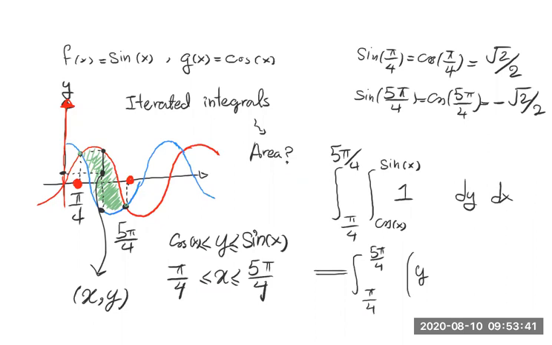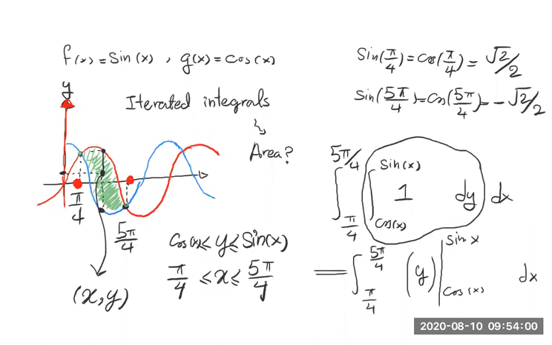So I wouldn't even write plus a constant. The integral of 1 with respect to dy is y itself, and the bounds are sine of x and cosine of x. Right? So that's the inside integral.